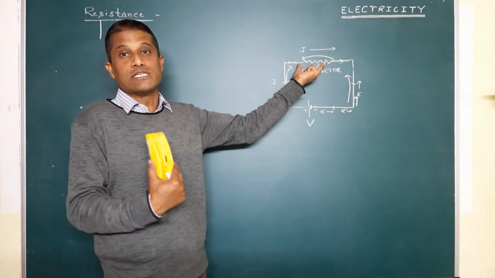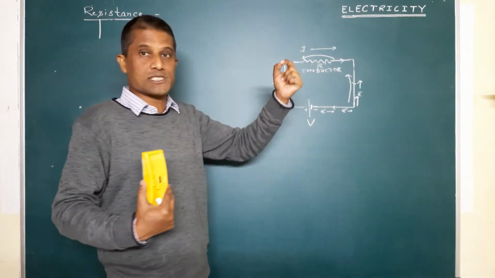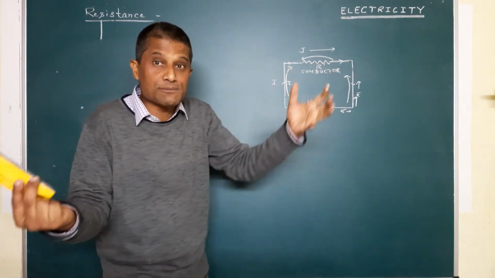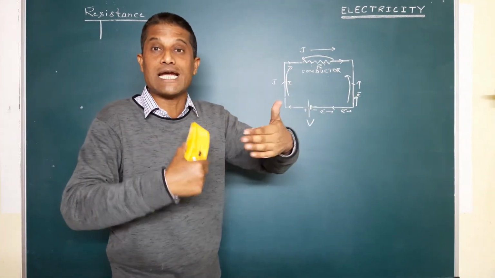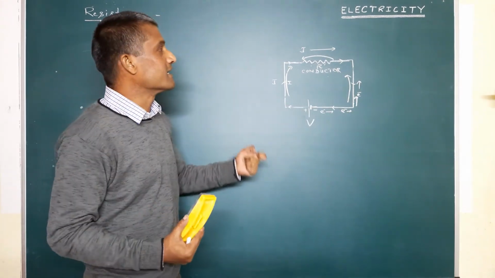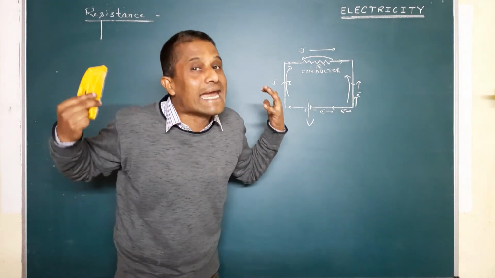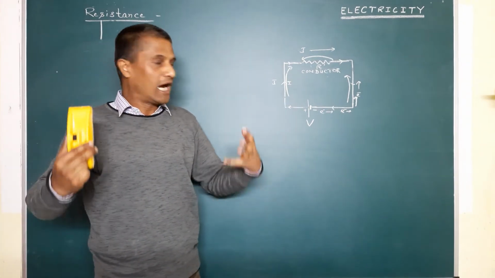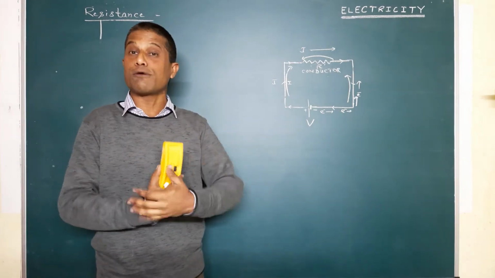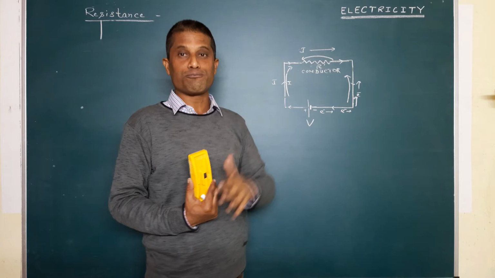These multiple collisions between electrons, atoms and ions result in obstruction, a hindrance, a kind of opposition to the flow of electric current, and that very opposition is known as the resistance of that conductor.